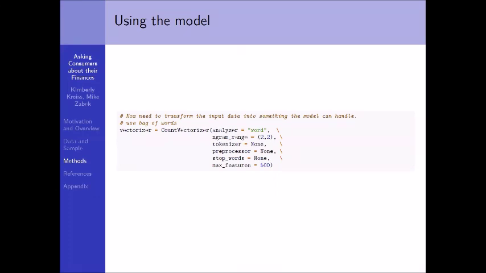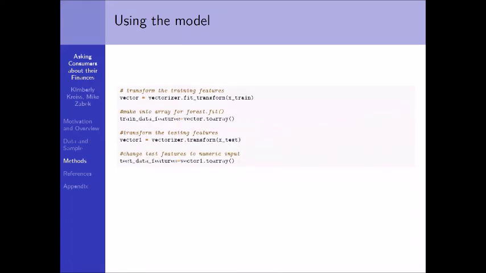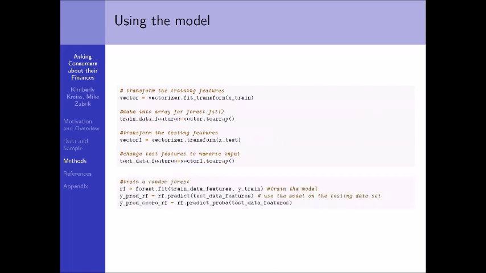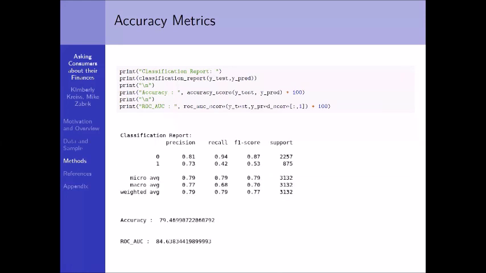So we use count vectorizer and bag of words, and I use bigrams as the features here. And then we can use the fit transform methods from scikit-learn on our training and test data and train the random forest.